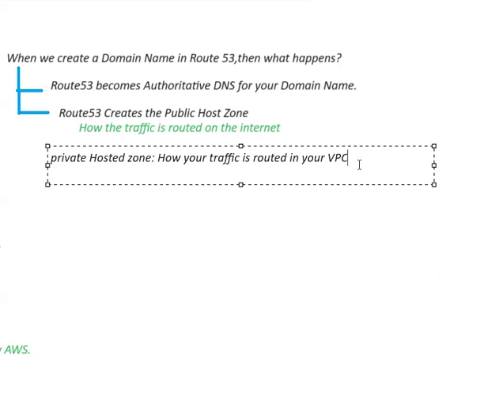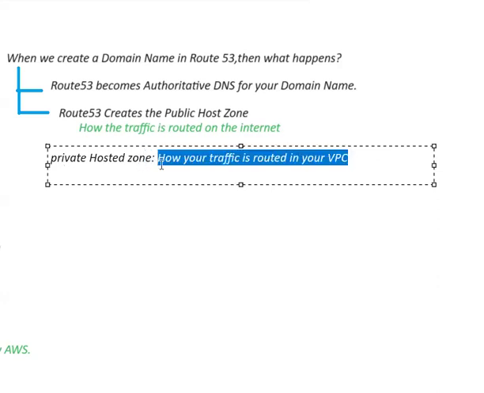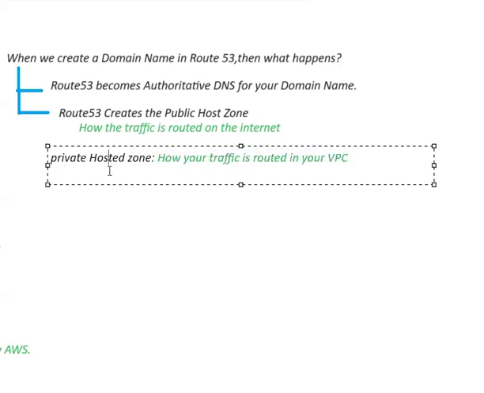Among those instances, if you want to pick one instance, then your traffic needs to be correctly routed to that instance. So this private hosted zone indicates the type of routing in your private network.